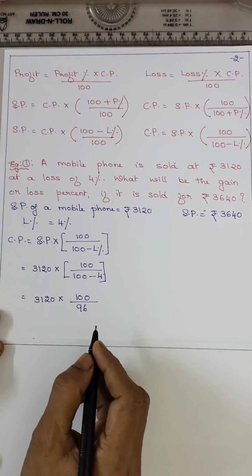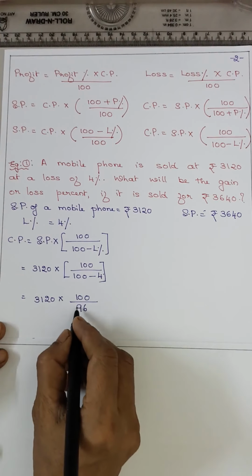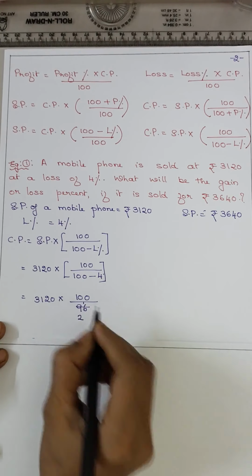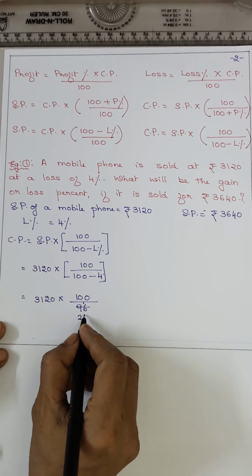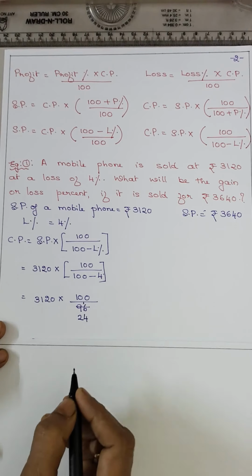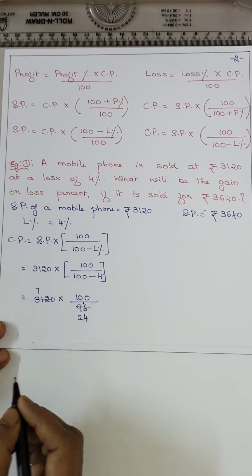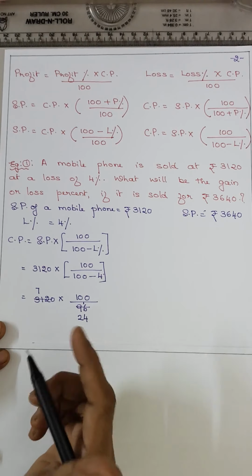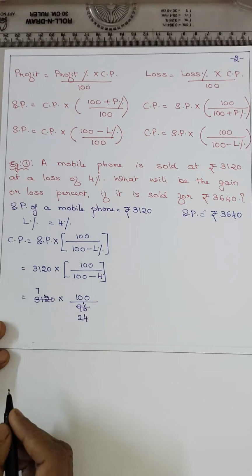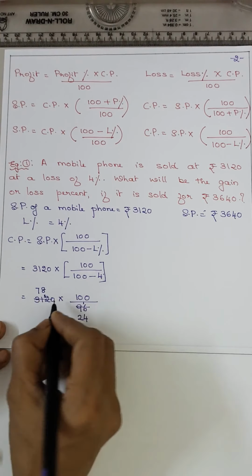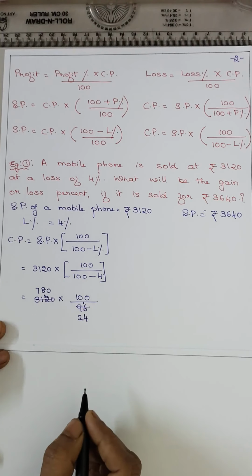अभी 4 का टेबल में जा सकता है. 4 2s are 8, 1 remains. 4 4s are 16. Here 4 7s are 28, 29, 30, 31. 3 remains. 3 and 2 32. 4 8s are 32 and this 0.